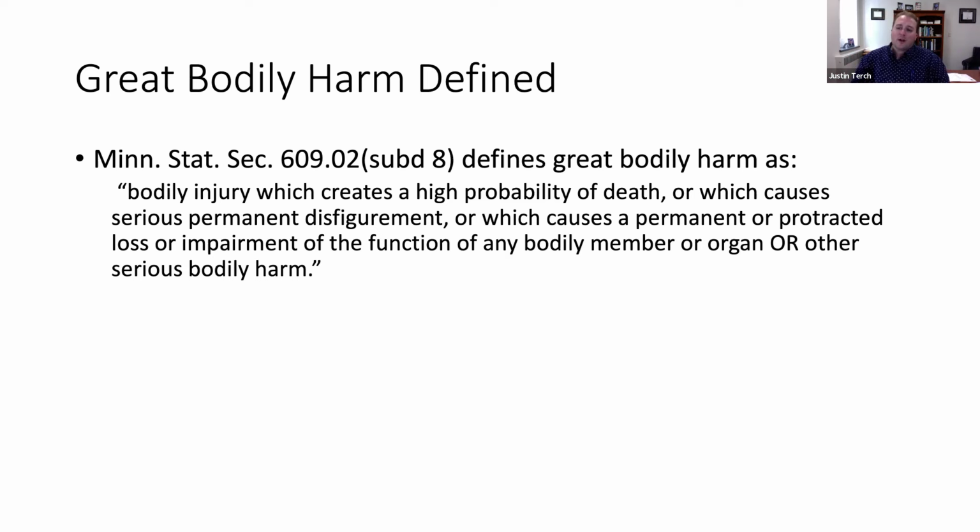Now notice in the prior language, I told you that there is great bodily harm in Minnesota, substantial bodily harm, and bodily harm. Serious bodily harm is not the same as substantial bodily harm. So a high probability of death. A bullet hole certainly counts. A stab wound certainly counts. A baseball bat to the head probably counts.